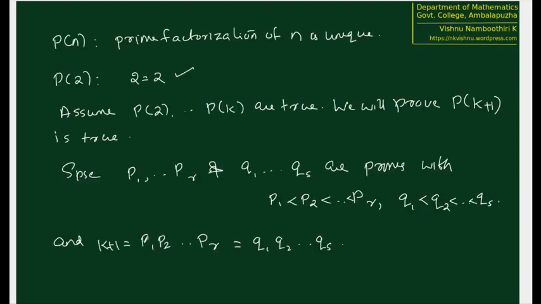Now, we have seen that p1 divides p1 times p2 times etc. times pr. So p1 must divide q1 times q2 times etc. times qs also, since this is equal to q1, q2, etc., qs.